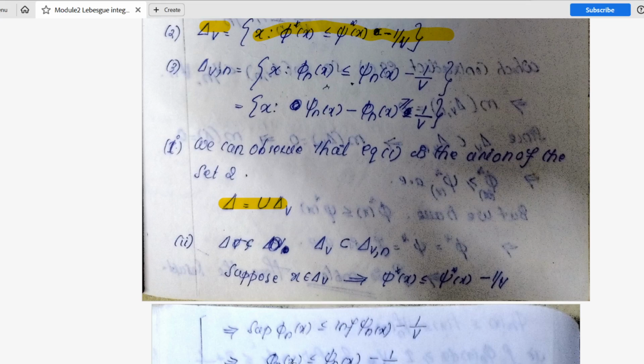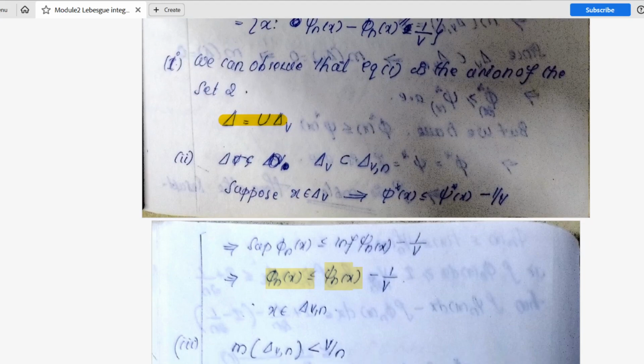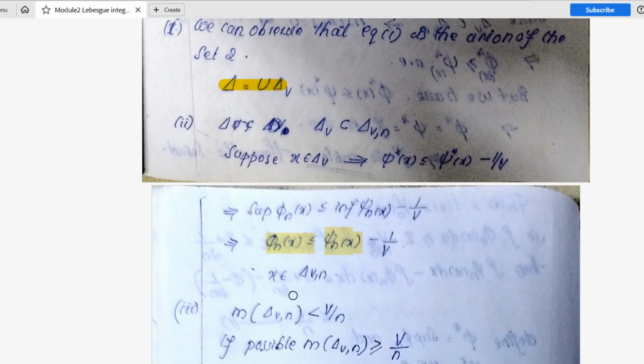We know the supremum is less than or equal to the infimum, so we can remove the supremum and infimum. We get phi n of x is less than or equal to psi n of x minus 1 by v. Therefore x belongs to delta v comma n.